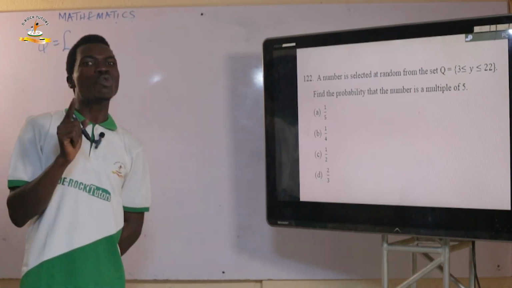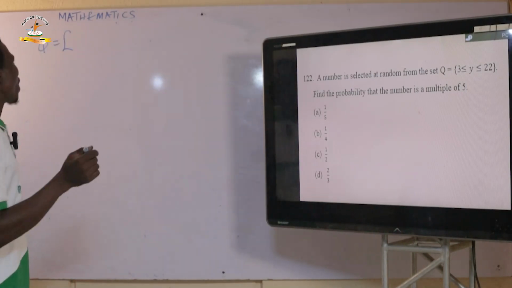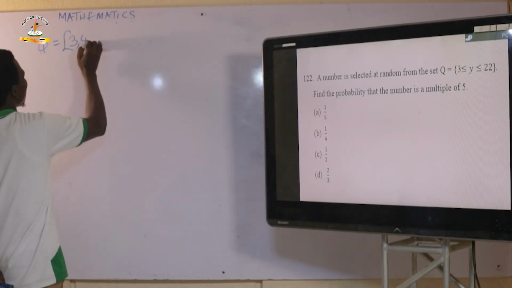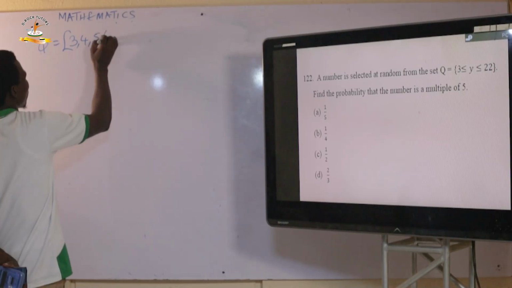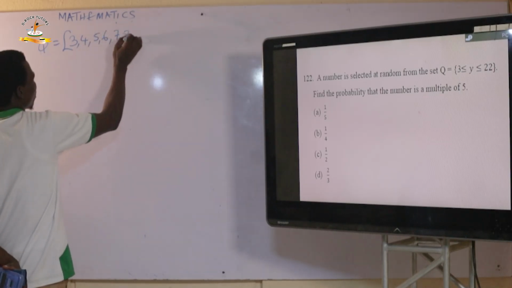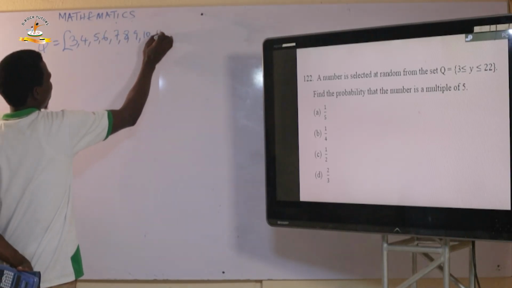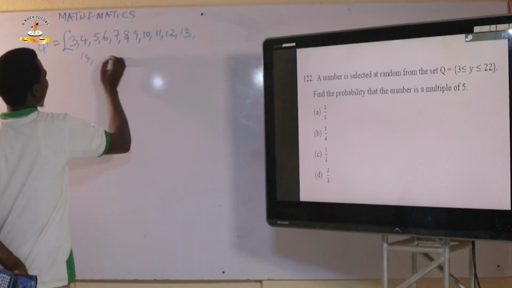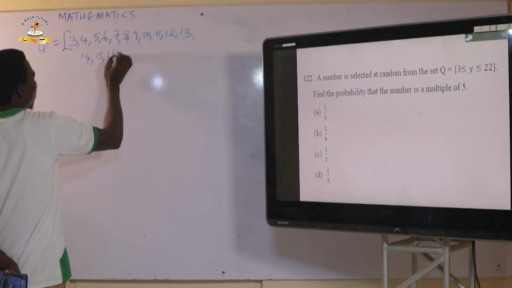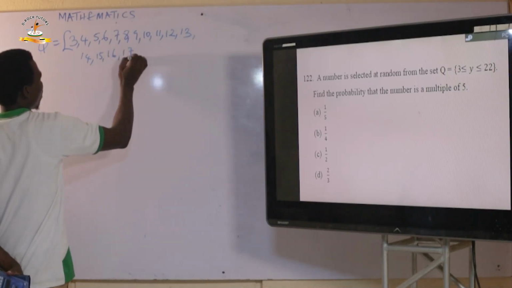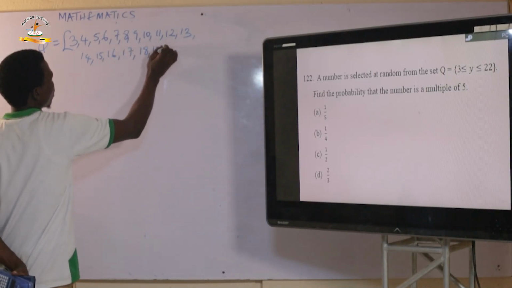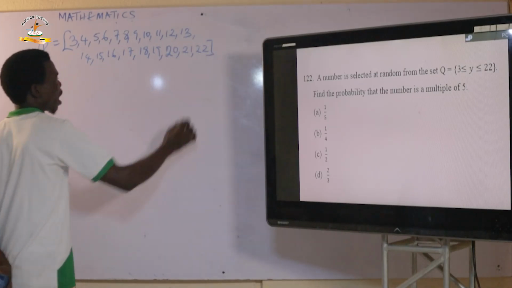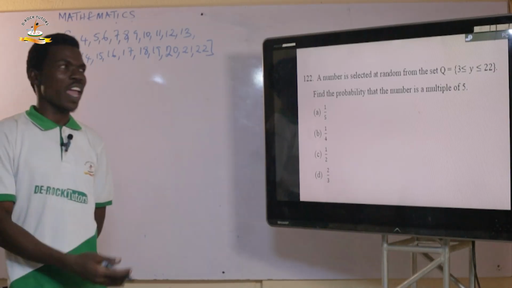Don't forget, it is 3 less or equal, so we have to start from 3, 4, until we get to 22: 5, 6, 7, 8, 9, 10, 11, 12, 13, 14, 15, 16, 17, 18, 19, 20, 21, 22. This is our sample space.